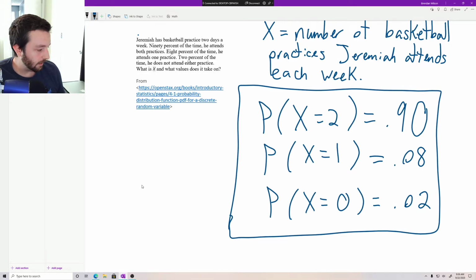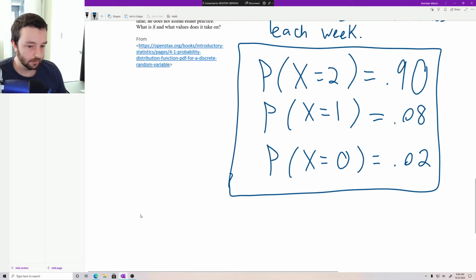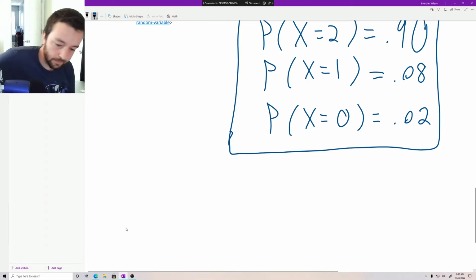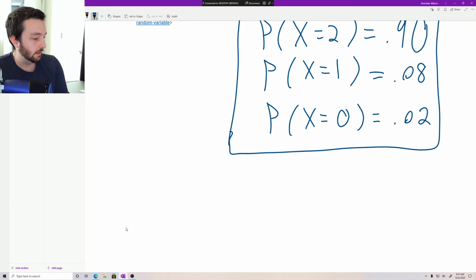So next, let's talk about expected value. Well, the expected value in general is exactly what it sounds like. It's what value do you expect to get?